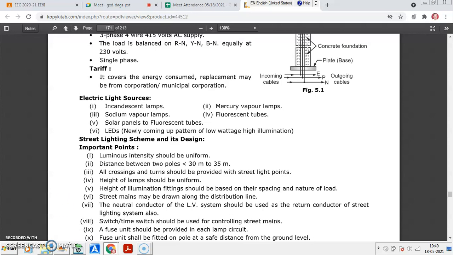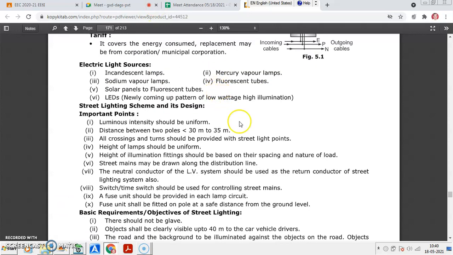Then the fuse unit should be installed on the pole at a safe distance from the ground, so that it will not cause any disturbance to the traffic or persons, or even operating persons.